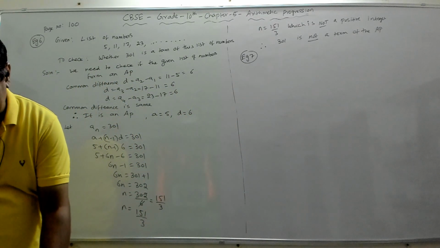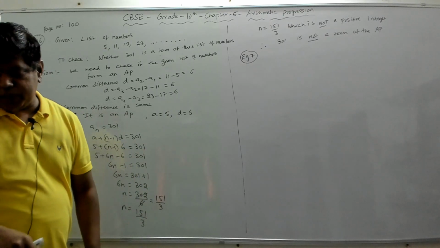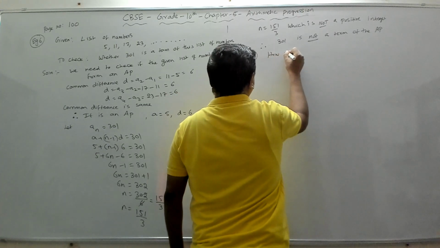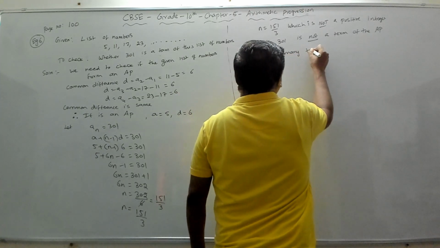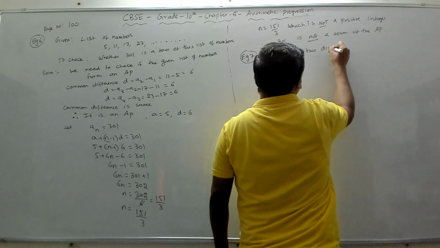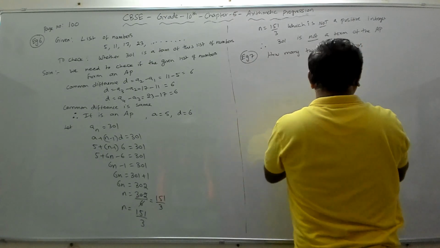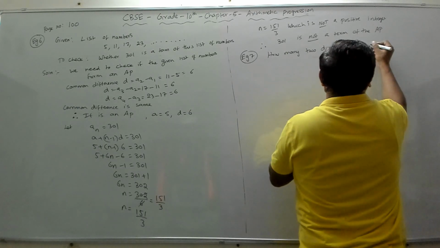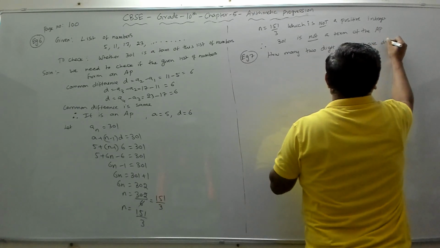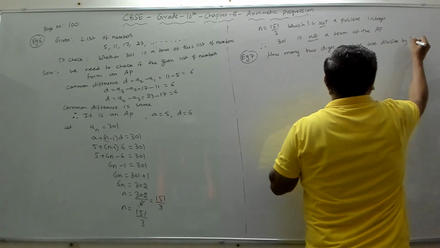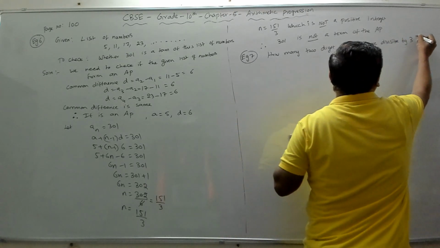Example 7 says, how many two-digit numbers are divisible by 3?